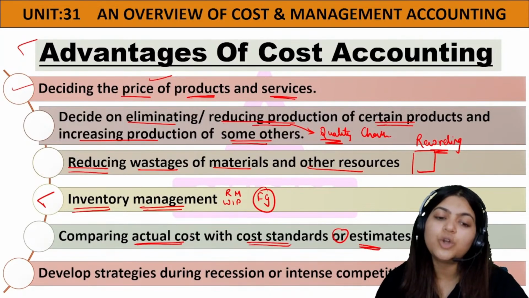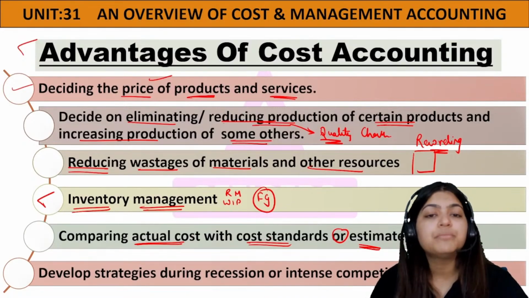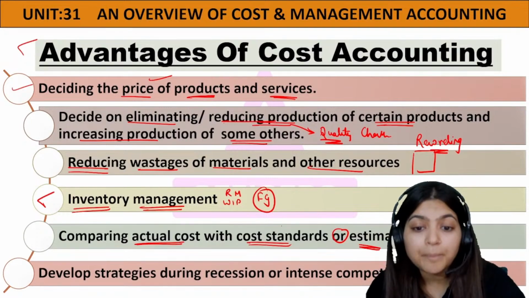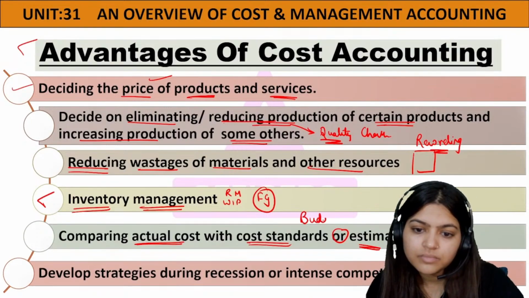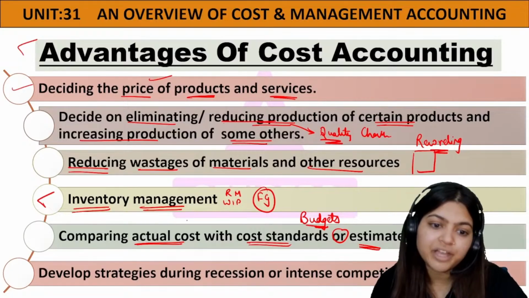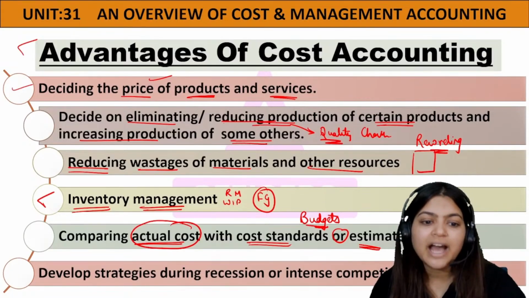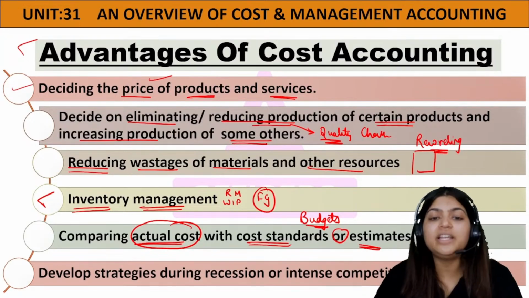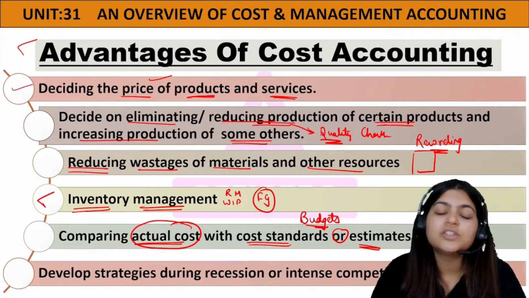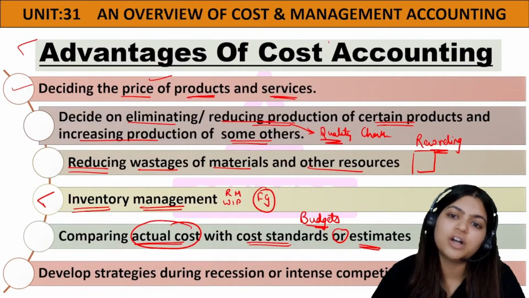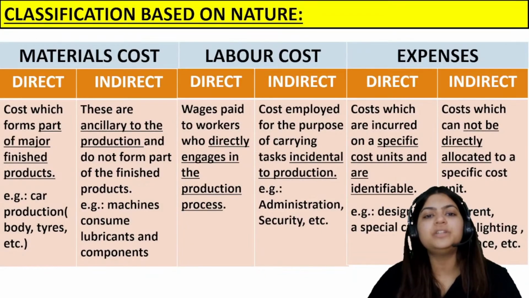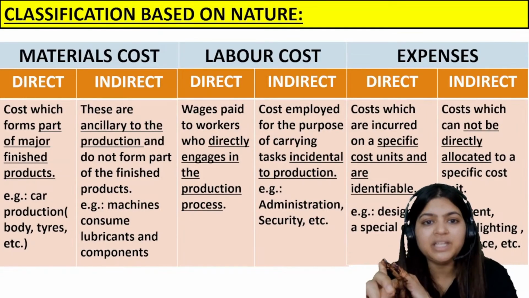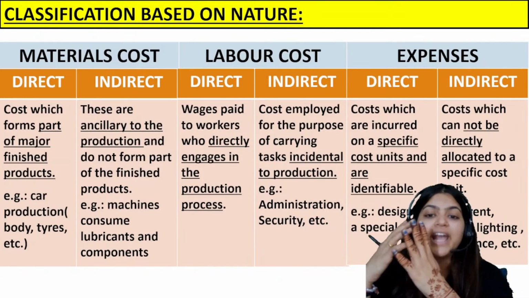Before manufacturing, you create some standards, you create budgets, and then you compare with your actual cost. And finally, in case of an adverse situation, at least you can work on your costing. So these are the advantages of cost accounting. I hope now you understood what cost means, what cost accounting means, and what the advantages are.